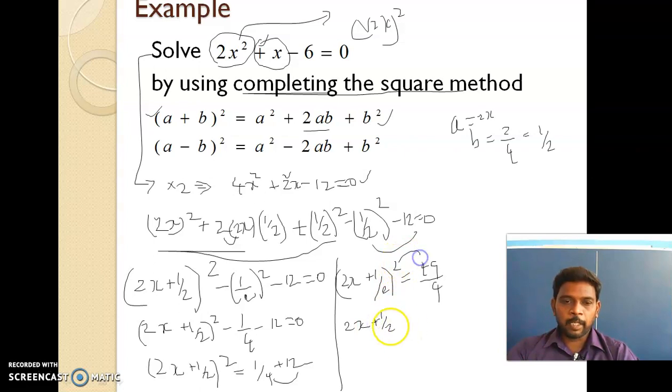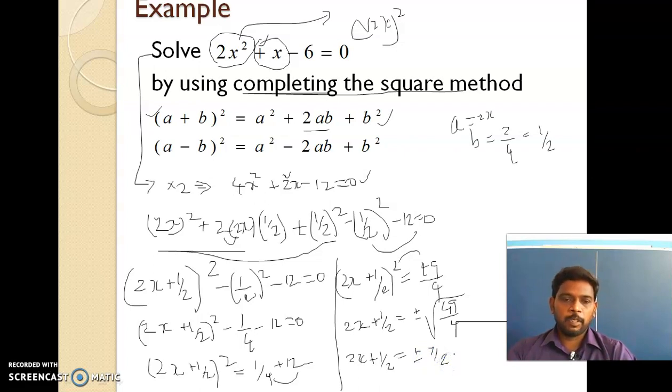So for (2x + 1/2), transpose this square to the right-hand side, it will become plus or minus square root of 49/4. So after simplification, 2x + 1/2 equals plus or minus 7/2, that is, 7 sevens are 49 and 2 twos are 4, right?